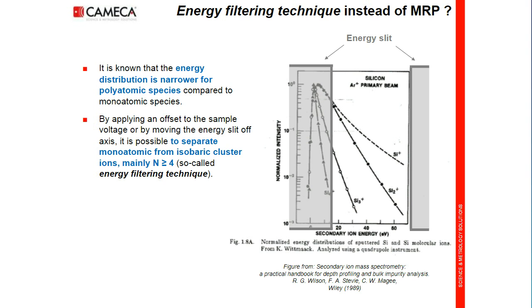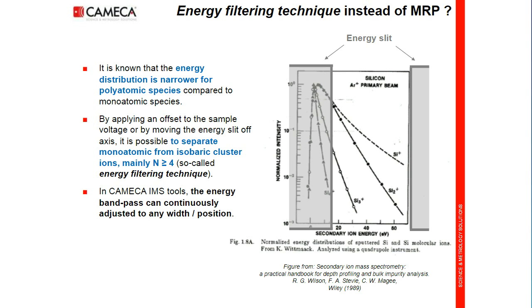The main drawback of this method is the reduced transmission, as the energy bandpass is no longer centered on the maximum of the secondary ion energy distribution. In CAMECA IMS magnetic sector instruments, the energy bandpass can be adjusted to any width or position, low to high energy. The energy slit width and position can be adjusted continuously, and the slit is motorized in the last CAMECA IMS models.